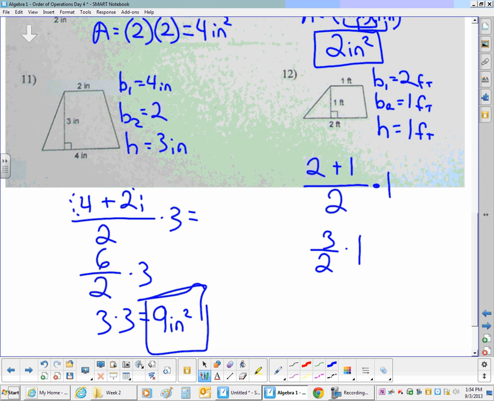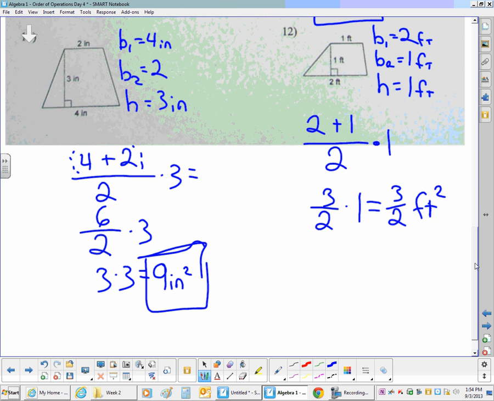Now, in this case, we would normally divide 3 divided by 2 and then multiply by 1. But the problem with this is that 3 over 2 doesn't really reduce, and it's going to stay a fraction. So then if we just keep it as a fraction, when we multiply by 1, we're just going to get 3 over 2. And this is feet squared.